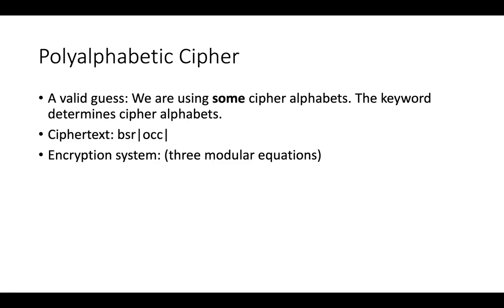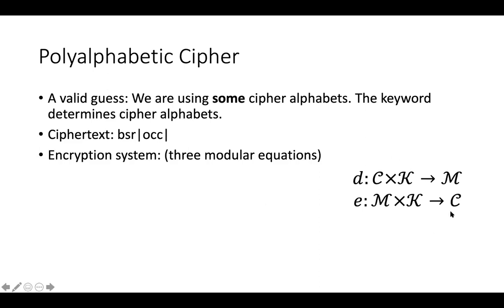This encryption system is essentially 3 modular equations, or you could think of it as 6 modular equations, but this time I'm just going to use 3 to better illustrate what a polyalphabetic cipher is. This is taken from our previous lectures.